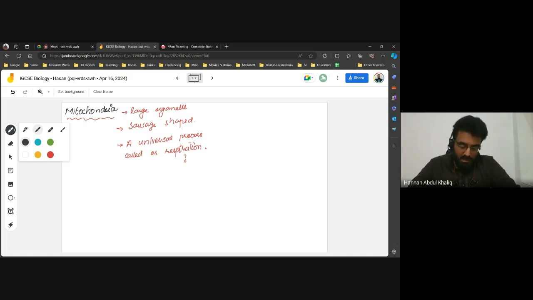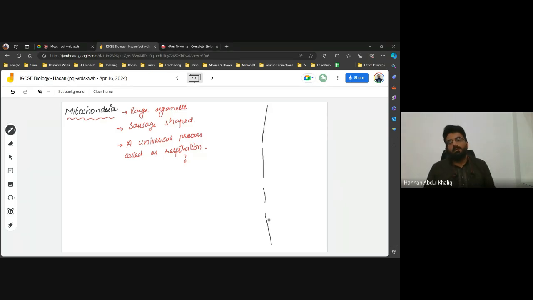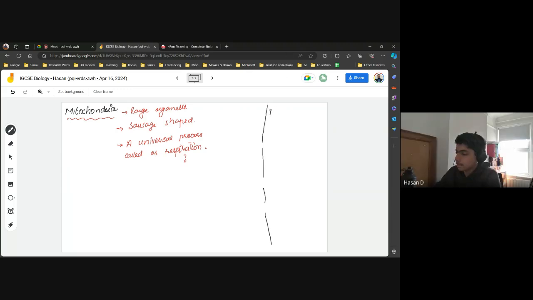You have to change one of the most important concepts from our junior classes. In junior classes, we are taught that respiration is just breathing.